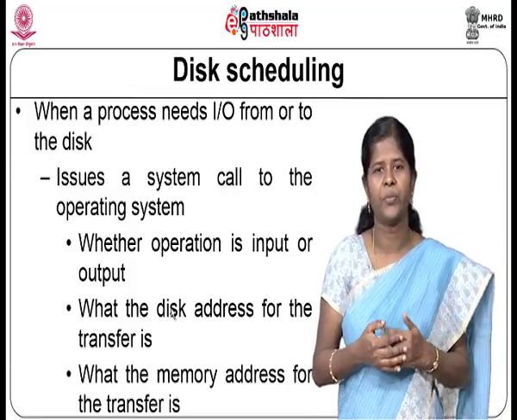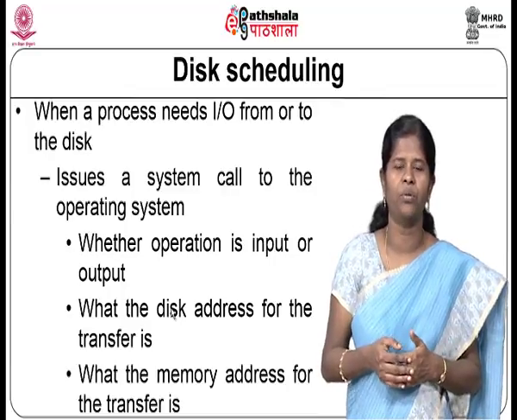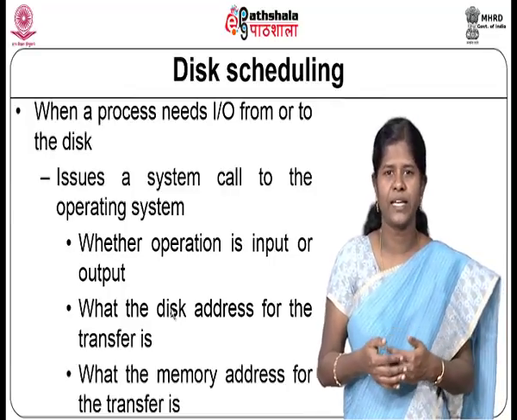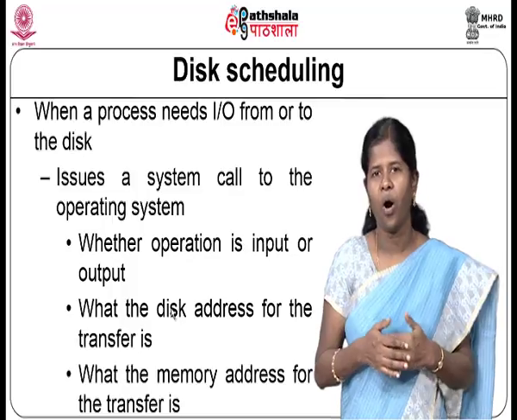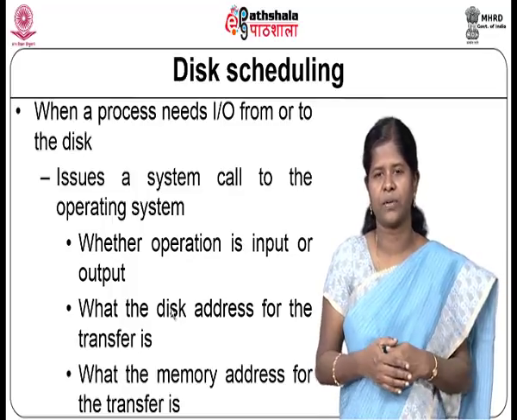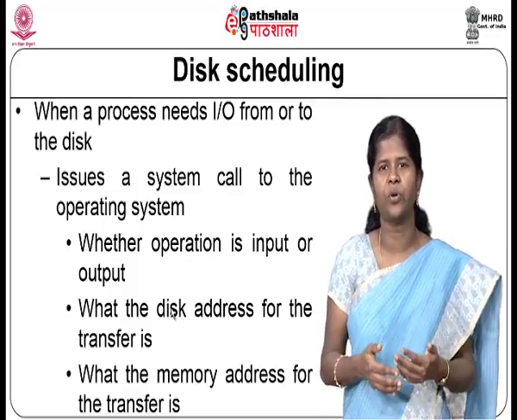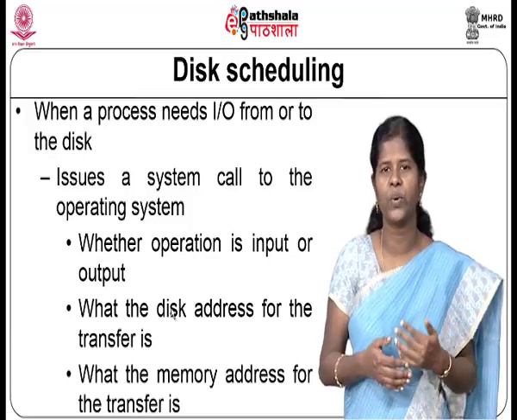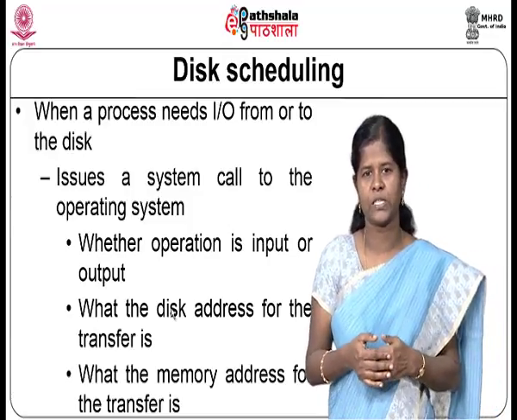Say when a process needs I/O from the disk, or basically it wants to read from the disk, or if it needs to write to the disk. As a user, the programmer or the process will issue a system call to the operating system.